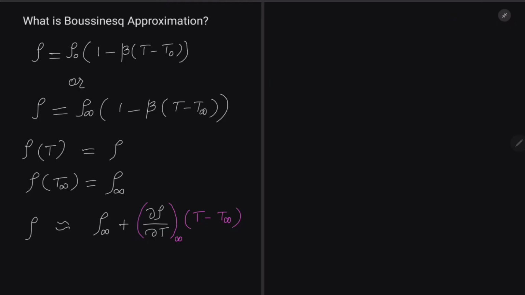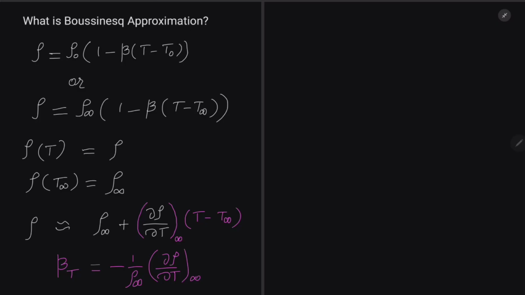We need to involve the coefficient of thermal expansion. The coefficient of thermal expansion can be written as beta, which is equal to minus 1 over rho infinity times partial rho by partial T, evaluated at infinity.